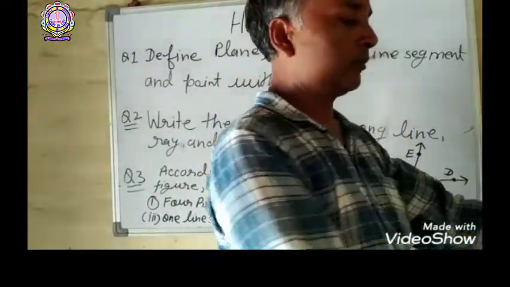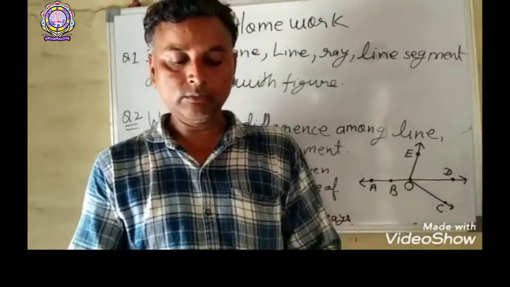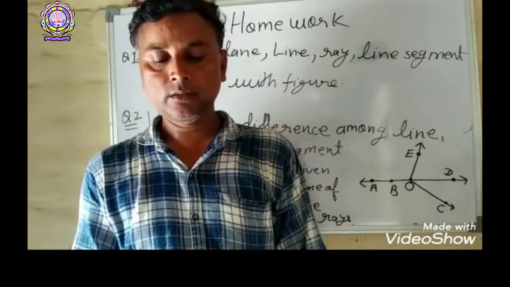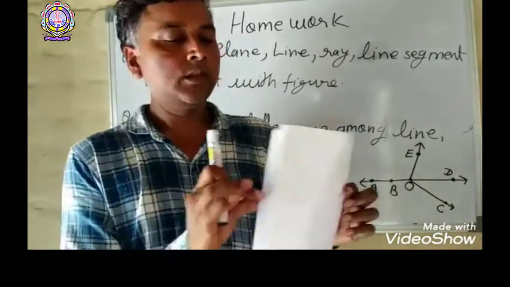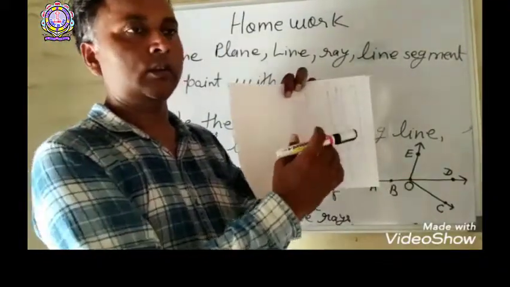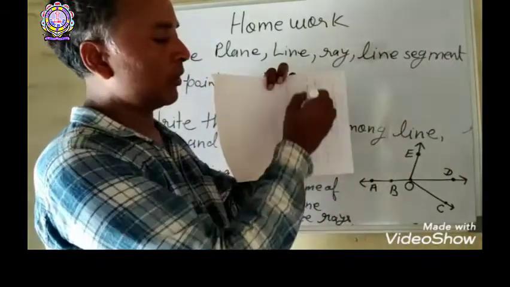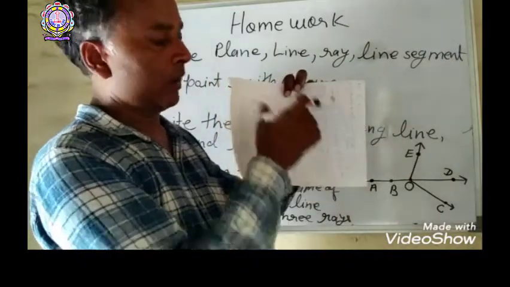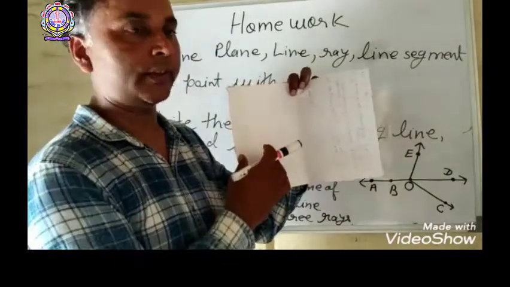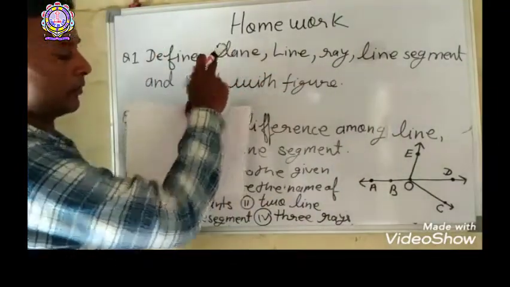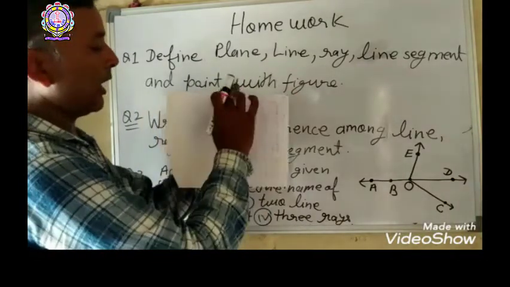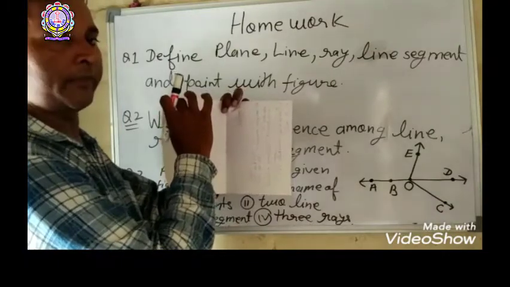Students, you have one geometry copy like this. On the right side you have to write, there is a lined page, and this is a plane page, no lining. Here we draw the figure like this, plane. First you write the heading plane, write the definition and draw the plane figure here.